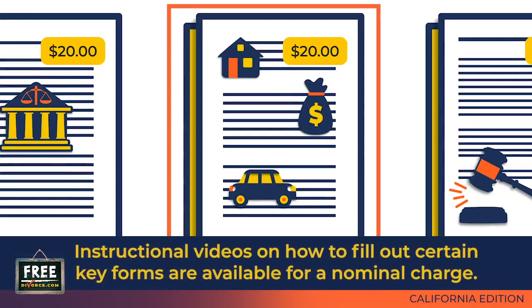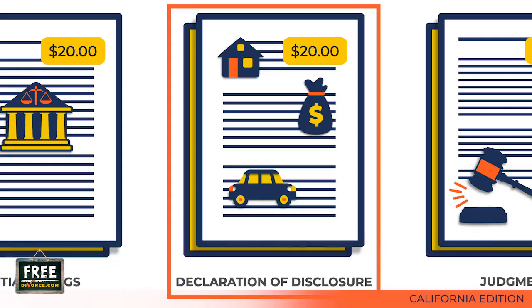This package of 4 videos is available for purchase for a nominal charge. One of the videos explains how to fill out the FL-150 with step-by-step instructions. If you want to purchase this package of videos, look at our list of divorce videos and click the Declaration of Disclosure package.